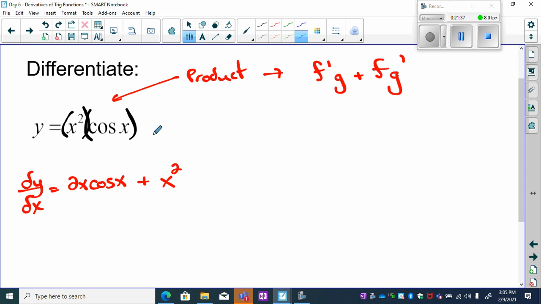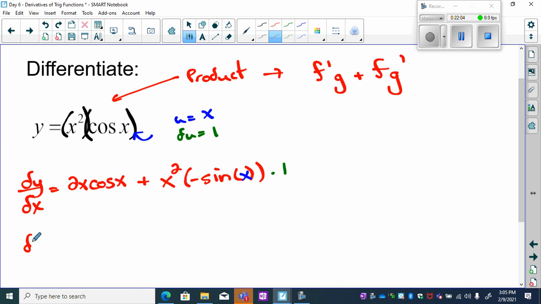Now remember, my u value is going to equal x. My du, the derivative of x with respect to x, would just be 1. But now it's a cosine function, so that becomes negative sine u, or negative sine x, times 1.